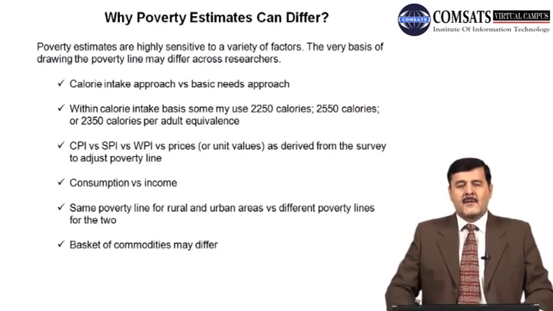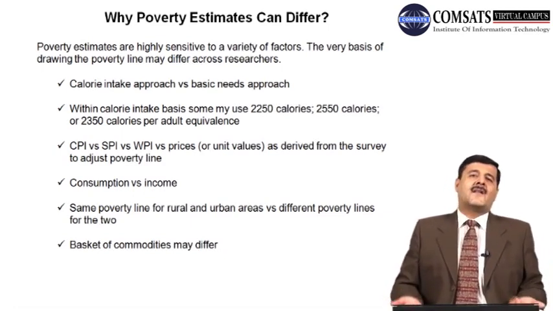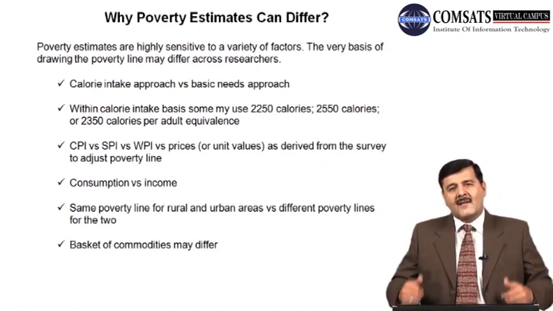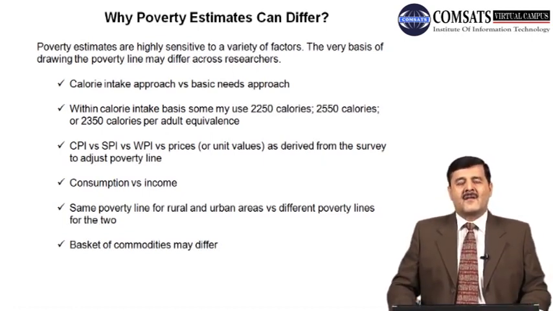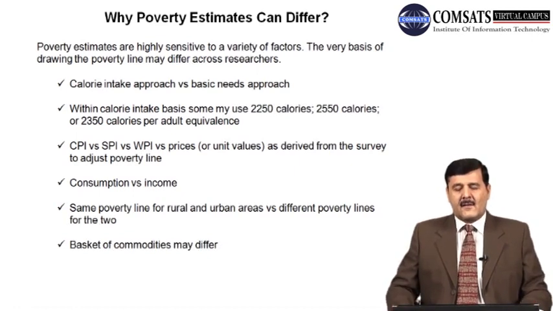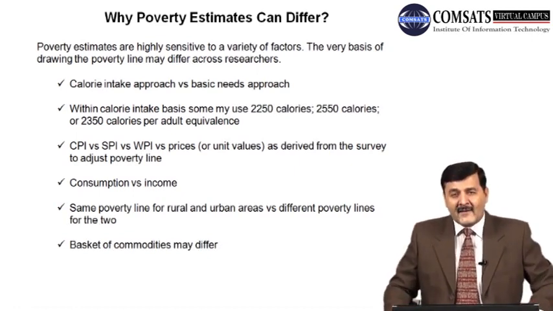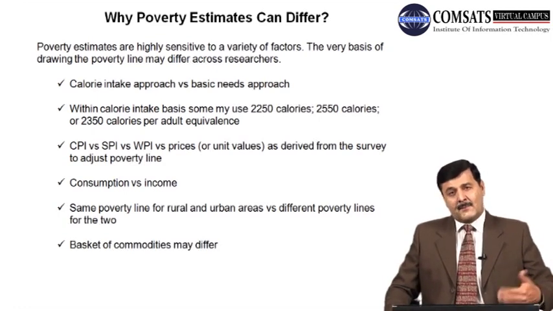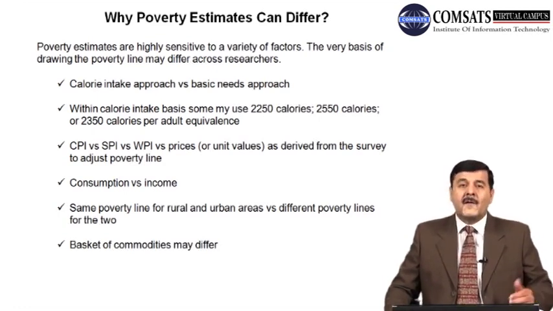We have also talked about how the poverty line in urban areas and rural areas can differ, and the basket of commodities can differ within the countries or between the countries. So these are the factors to which poverty estimates are highly sensitive, right? And because of these factors, poverty estimates could be different in the country or between the countries.